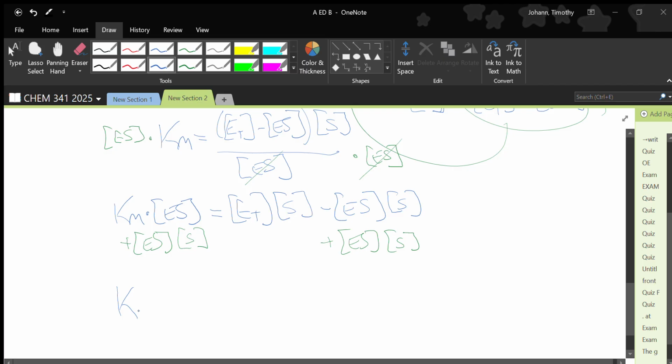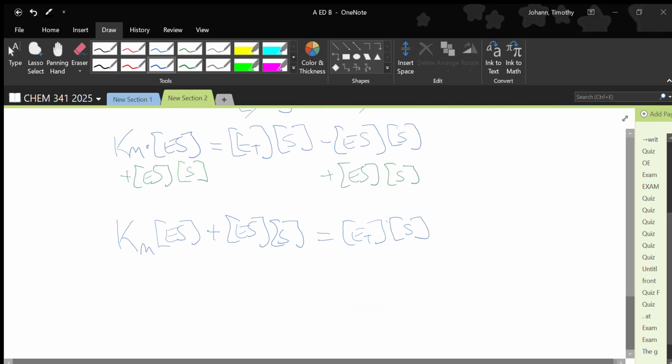And so now I've got the K. Notice the Kms are big Ks, right? Not little Ks. It's essentially an equilibrium constant. And that's equal to enzyme total times substrate complex. We are almost there.